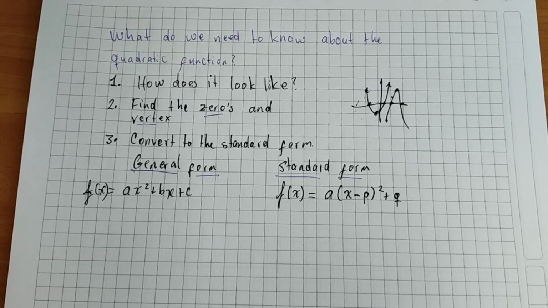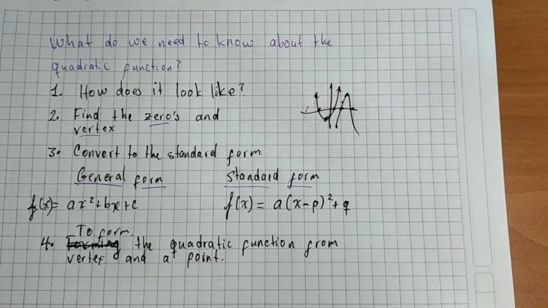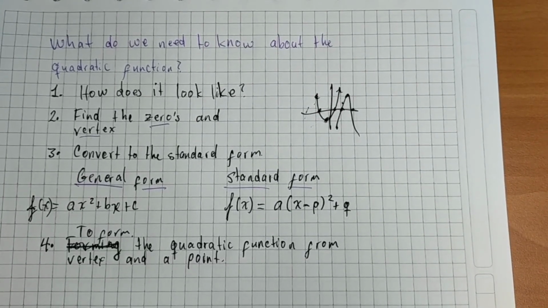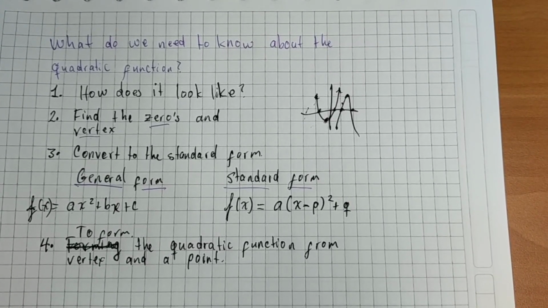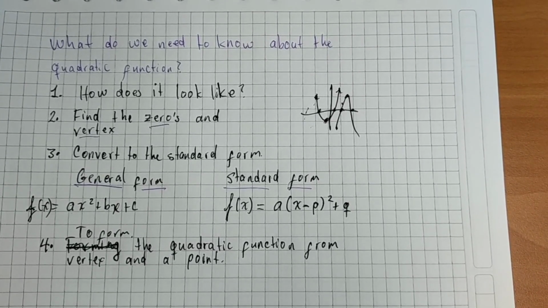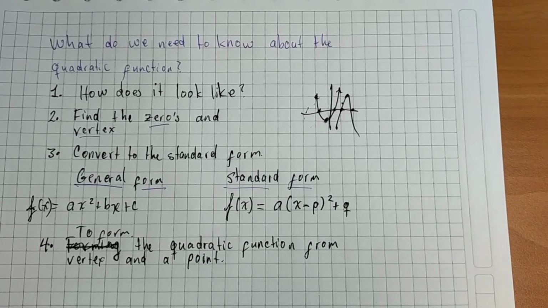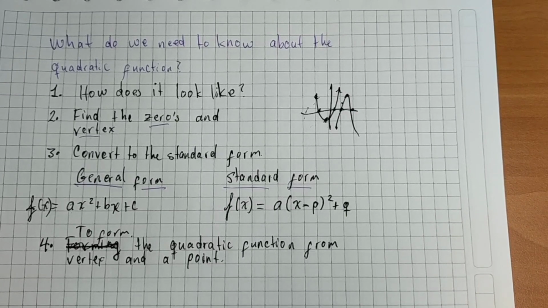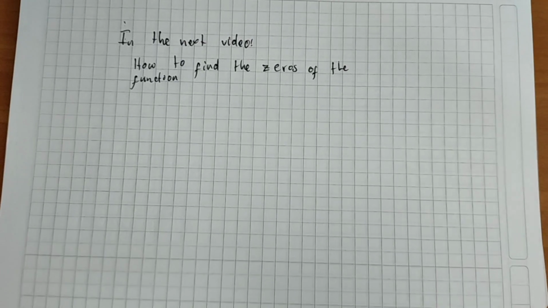So, an important competence to learn, which takes us to a fourth skill that you should have. This other skill basically is to form the quadratic function from the vertex and a given point. So this is another skill that you are expected to have when you consider yourself a person with some expertise about the quadratic function.